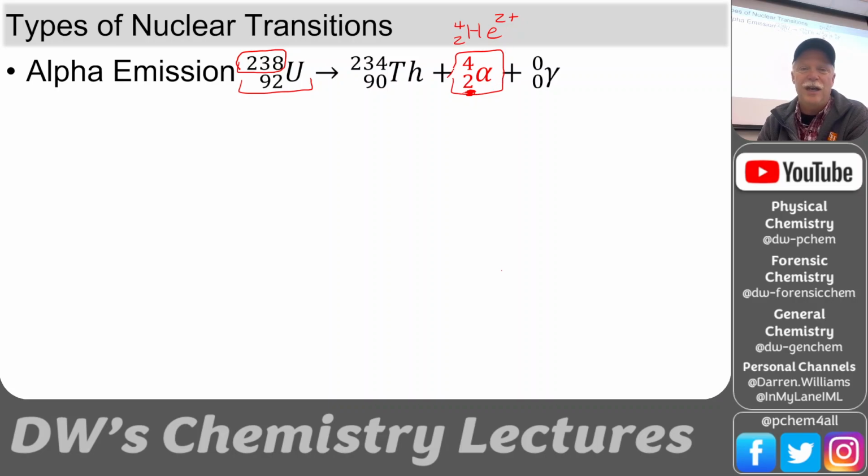It's come shooting out of the nucleus of the uranium-238. And now here's the arrow, so you just balance everything. The protons have to balance. If I've taken away 2 protons, then I've got to have 90 protons left over, and so 90 plus 2 is equal to 92. Once I have 90 here, then I know it's a thorium.